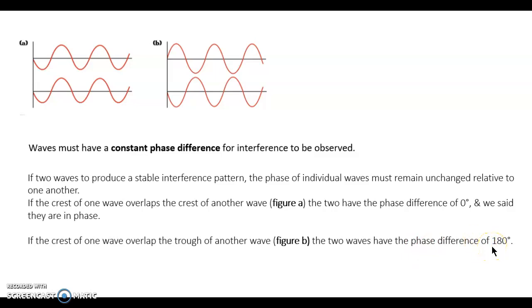We saw that in the simulation applet previously, and we said that they are out of phase. So if they are in phase, that means top with top, crest with crest, trough with trough. If they are out of phase, it is top with trough, trough with top, and so forth.